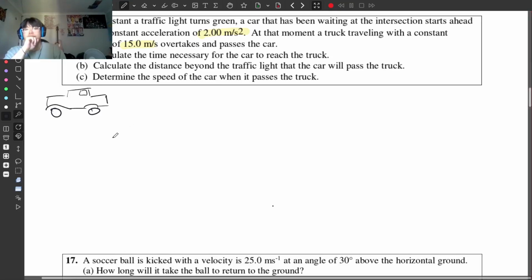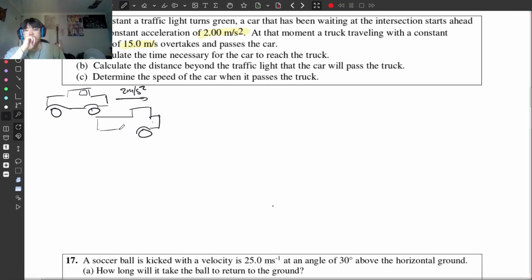And then this car is going to accelerate at 2 meters per second squared. But at that moment, a truck which is already driving, so a truck isn't starting from stationary, the truck will come and pass it.